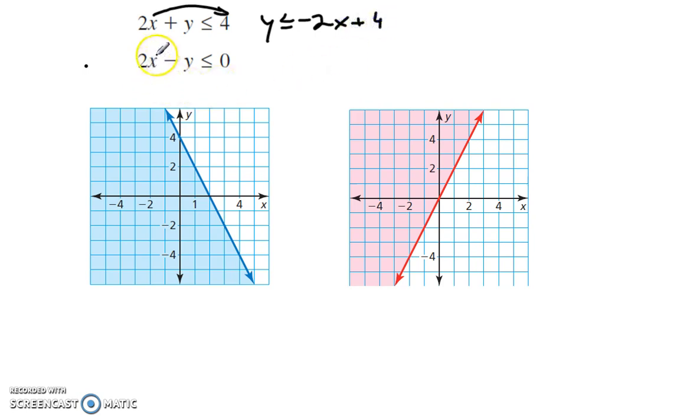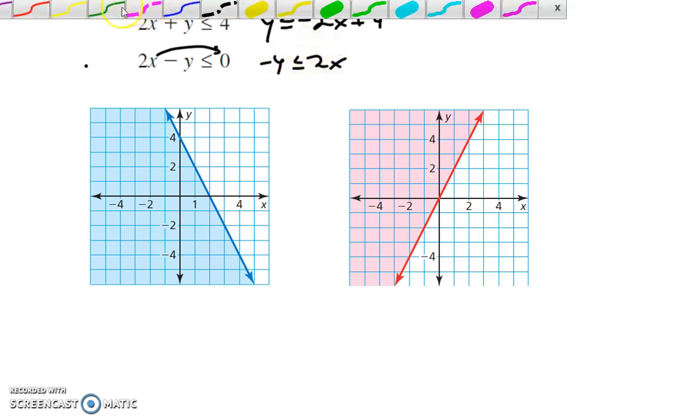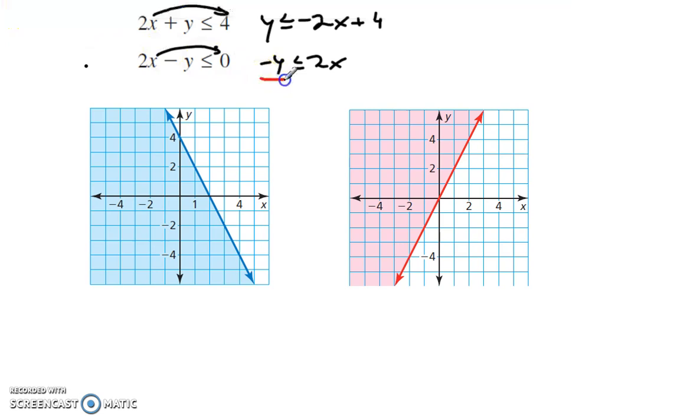And then this one here, if we move that over there, we have negative y is less than or equal to 2x. Now, negative y is not in slope-intercept form, so I'm going to have to divide by negative 1. What happens when you divide an inequality by negative 1? That's right, ladies and gentlemen, the sign changes direction, just like so.